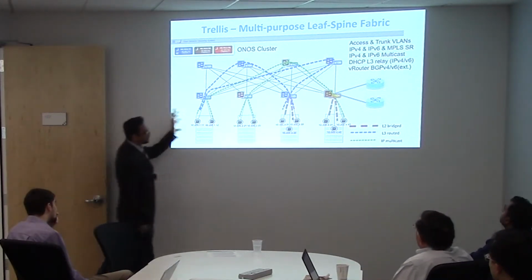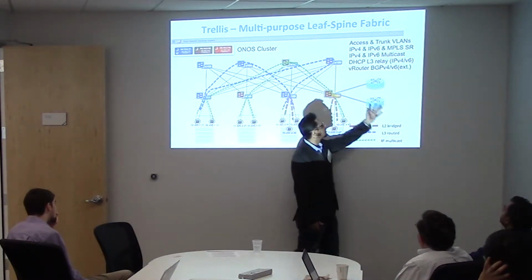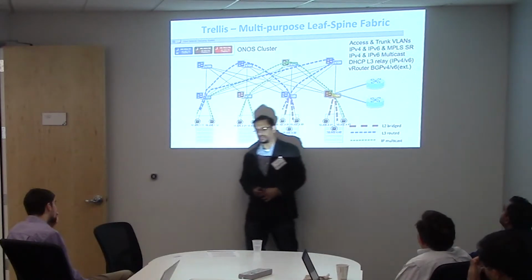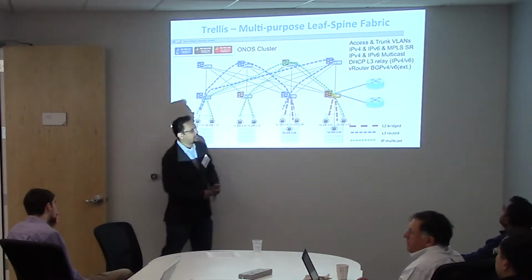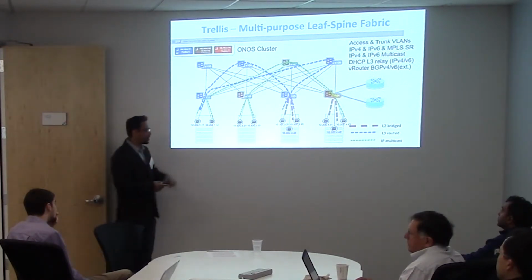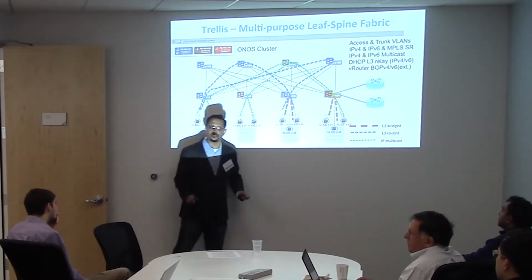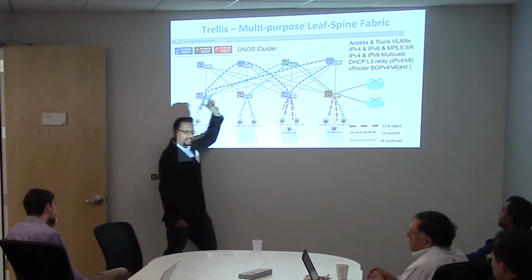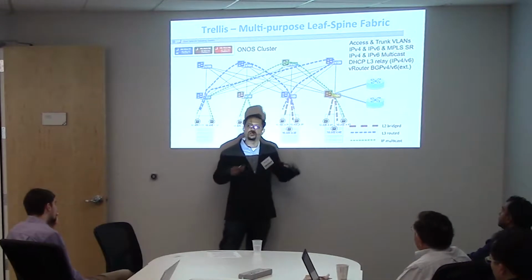And finally, this entire infrastructure talks to the outside world using this functionality called vRouter. And we do this again for both v4 and v6. Now, vRouter is a dangerous term because whenever people think vRouter, they think that it's a router in a VM somewhere, a software router. That is not the case in Trellis. In Trellis, this whole infrastructure actually behaves as the router's data plane.